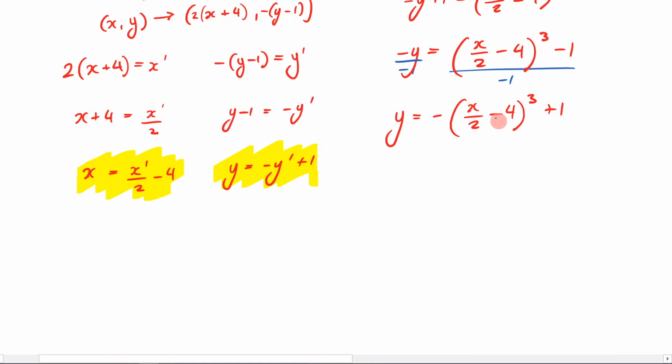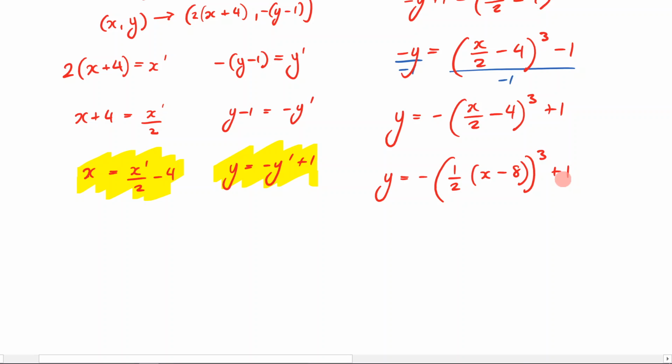Then, as we're on here, I might just talk about this. We don't like writing it in this form. Most of the time, we like our x just being by itself. So what we could do here is take out this factor of a half, which would leave the x by itself. Because I'm taking out a factor of a half, this is going to become 8, because 4 divided by a half is 8, and then all of that is still being cubed.